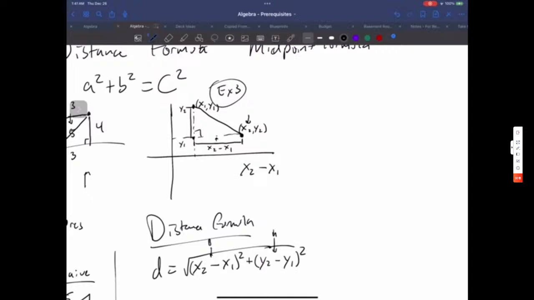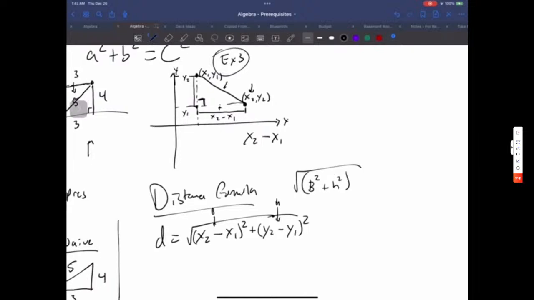I can say I know this is a right angle triangle because by definition the x-axis and the y-axis are at right angles. So now I can apply Pythagorean's theorem and say that b squared, base squared, plus height squared, that's an h, that's an ugly h, square root is the answer to what the length of this line is.